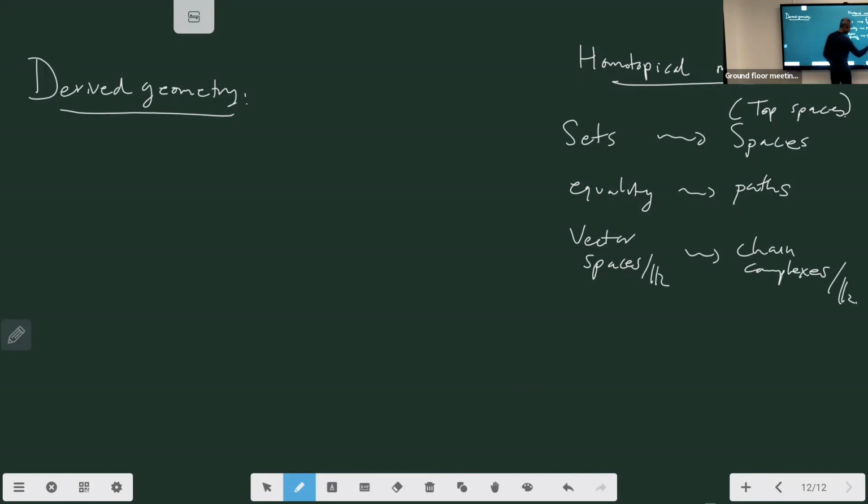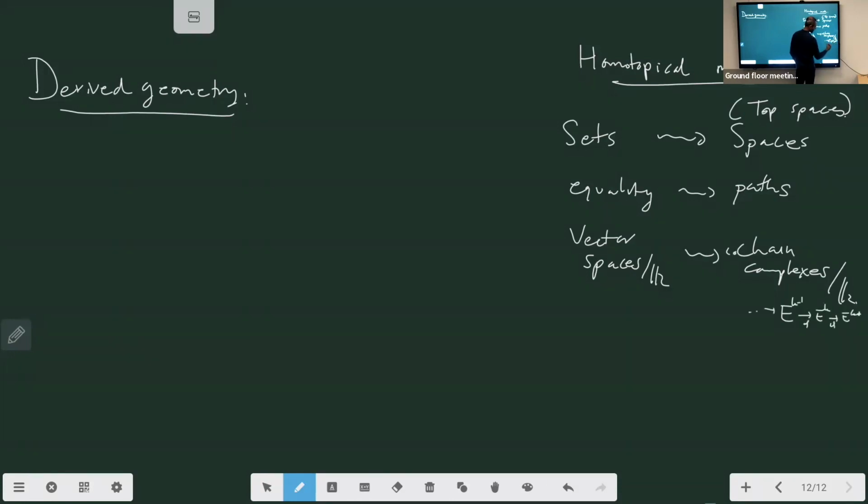So a chain complex, maybe I can quickly say, it's just, let's say, cochain complexes. These are just collections of vector spaces, E^(k-1), E^k, E^(k+1), and so on, with some maps d with d squared equal to 0. Okay. And so on.